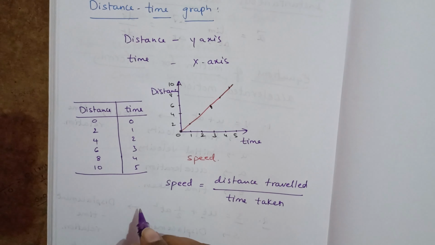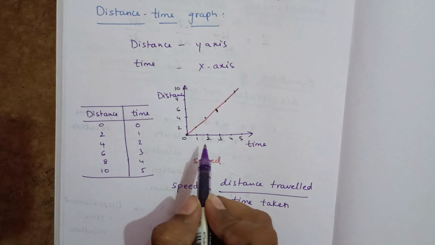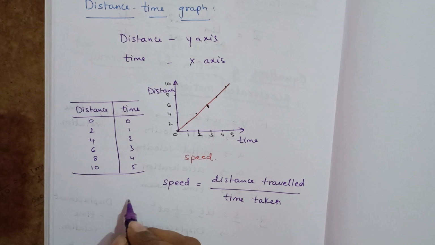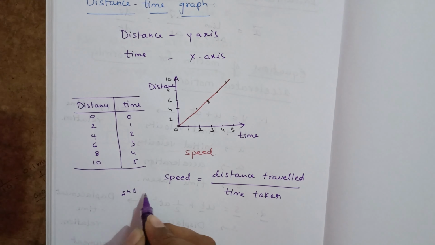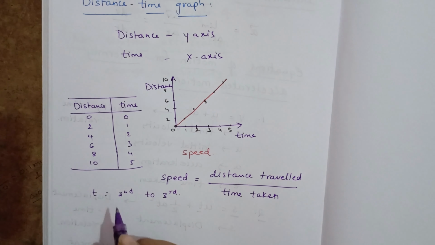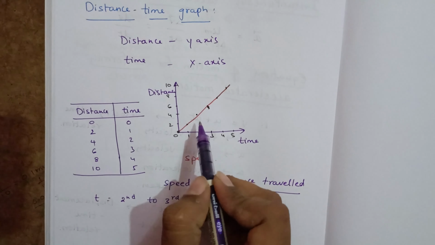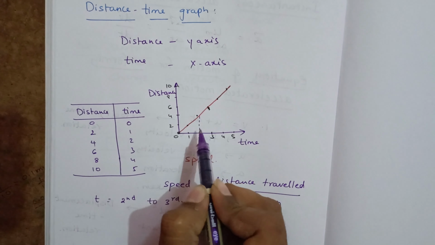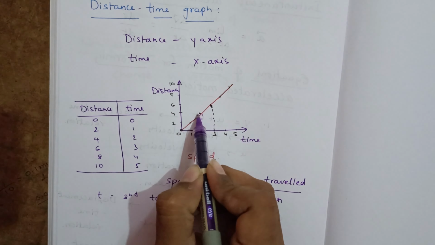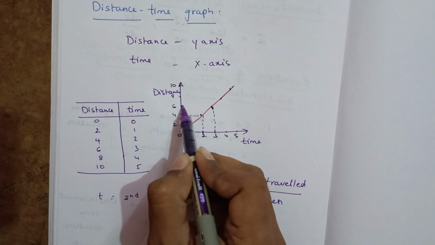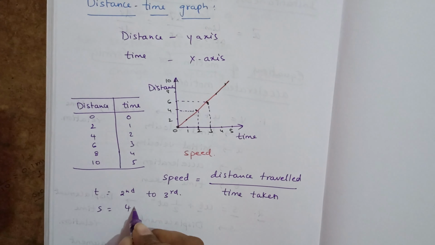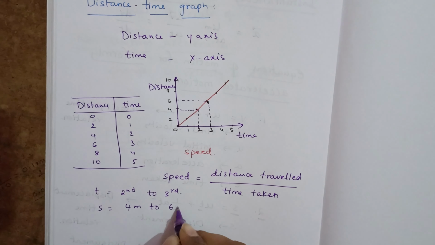For example, what is the speed of the bus between the second second and the third second? Distance traveled from 4 meters to 6 meters.